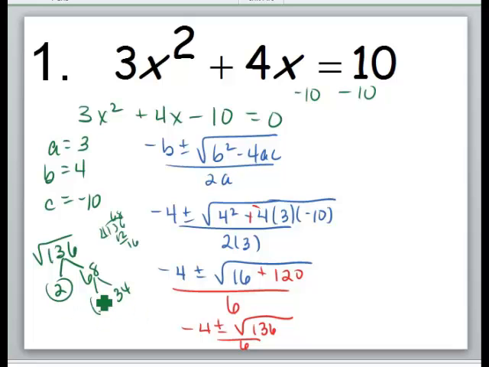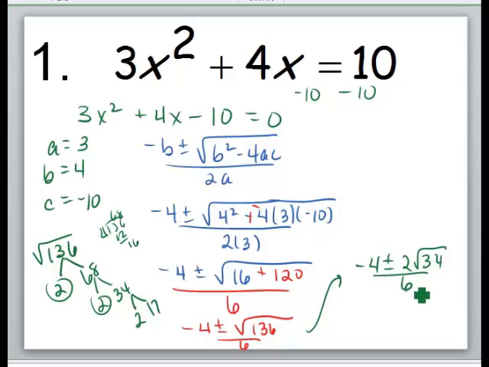So I have a pair, and 34 can be broken down to 2 times 17. So we really just have negative 4 plus or minus 2 square root of 34 all over 6. Each of these are divisible by 2, so I can make this a 2, this cancels to be a 1, and this would be a 3. So I'd get negative 2 plus or minus the square root of 34 all over 3.